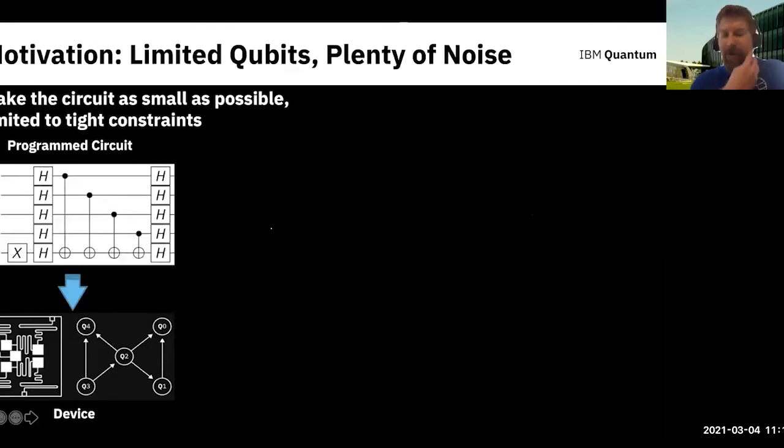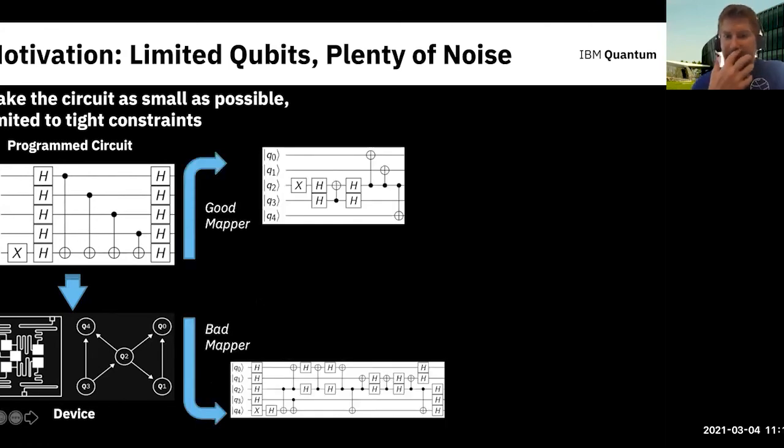So we have this circuit, which is like a Bernstein-Vazirani circuit that you'll see a lot in your algorithms studying of quantum computing. And we want to map it to our 5-qubit device here. Essentially we need to transpile it. If you thought about making a good mapper, you'd realize that this Q4 has a C naught with all the other qubits, so you want to remap that Q4 to Q2 here, because Q2 is attached to all the other qubits.